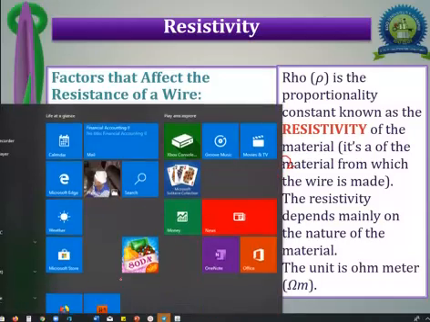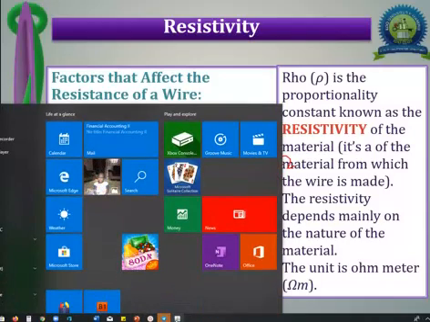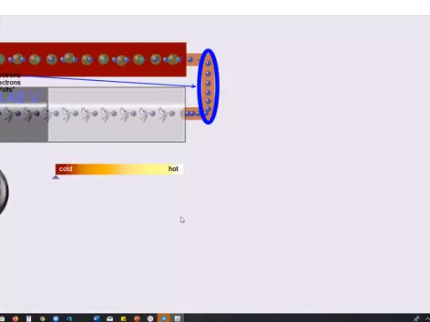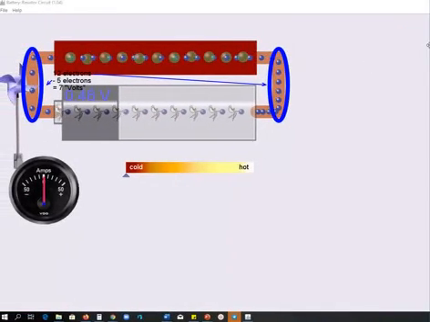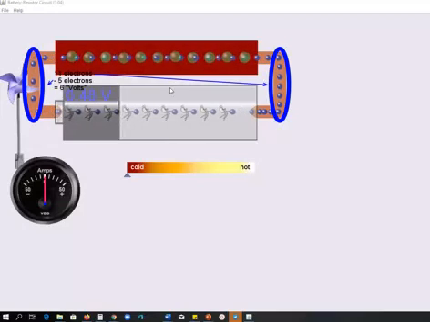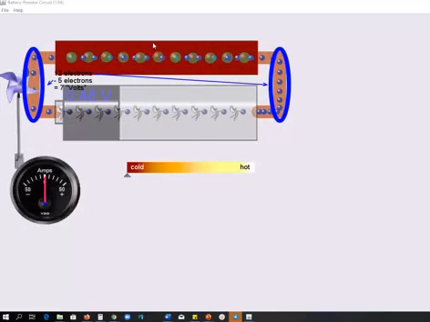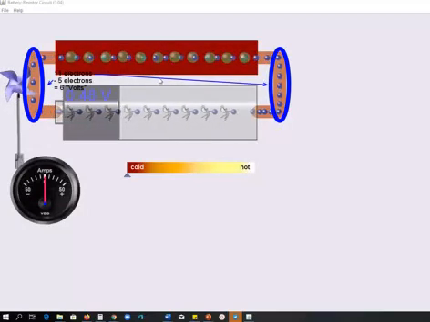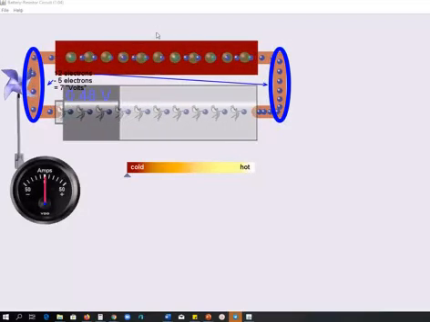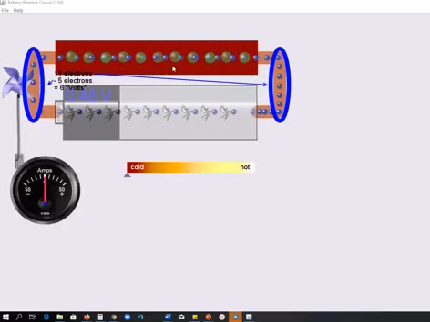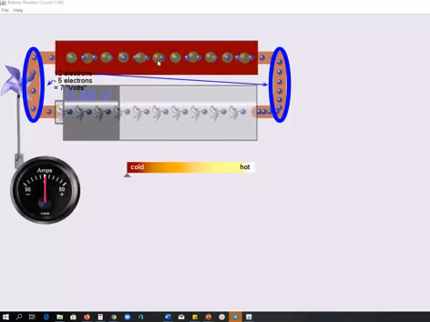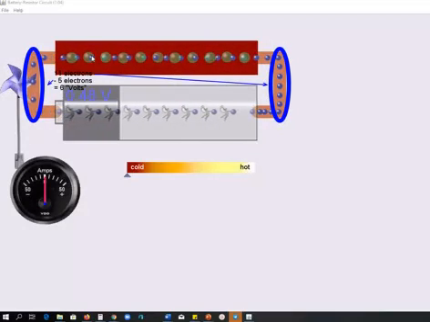Let's also look at it from here. The resistance will be small because if you look at what we have here, if the diameter of this wire becomes bigger, it means there will be more space for this electron to navigate, to escape and flow through.